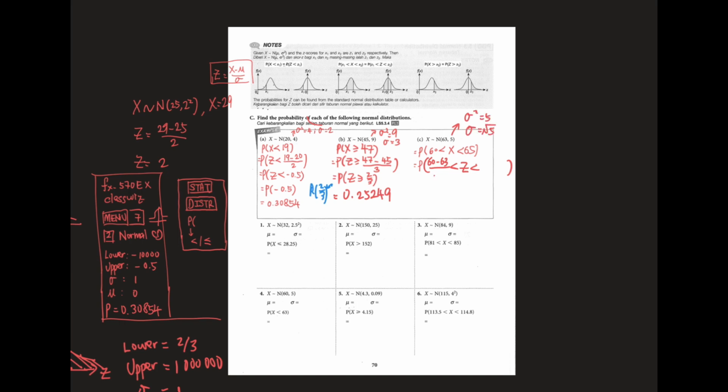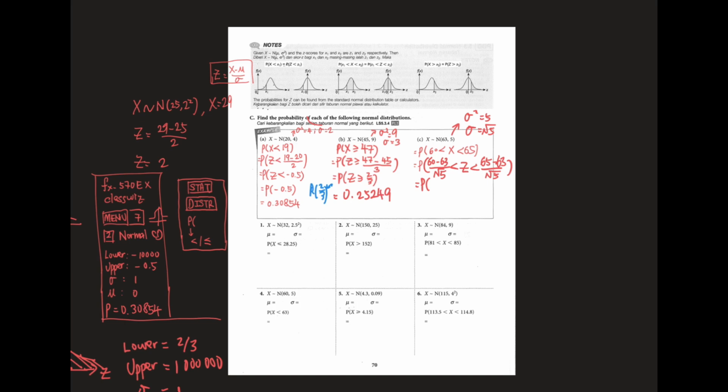So 60 minus the mean 63 over square root of 5, which is negative 3 over square root of 5.